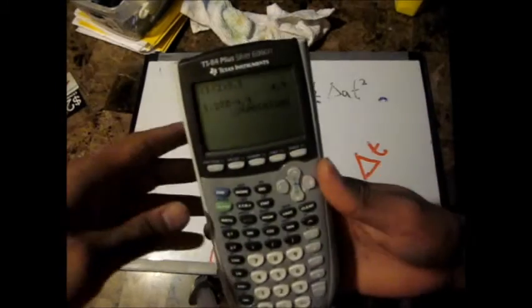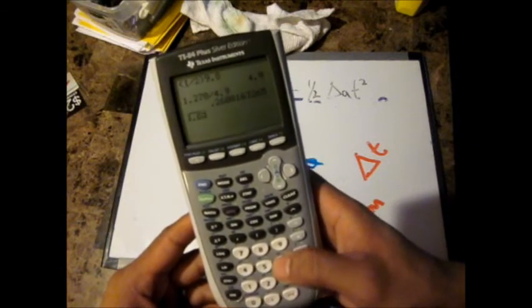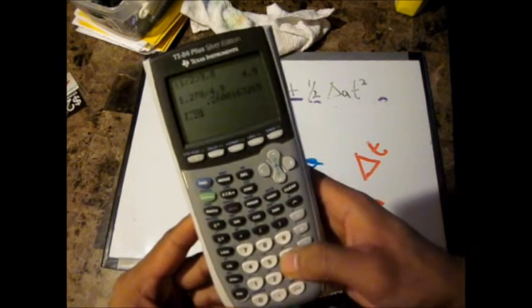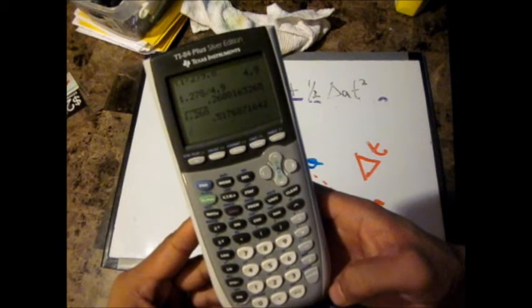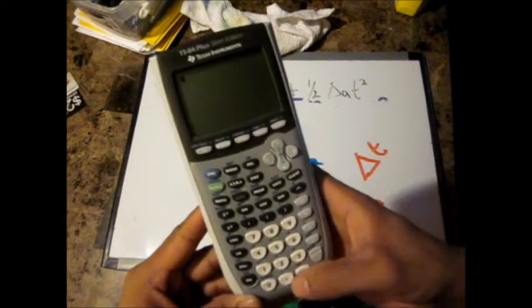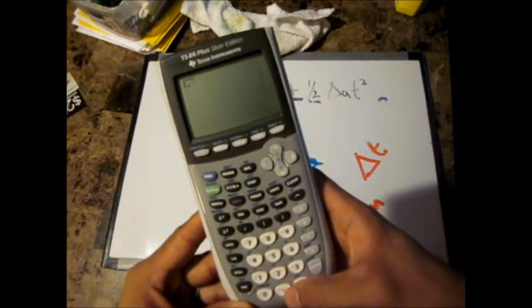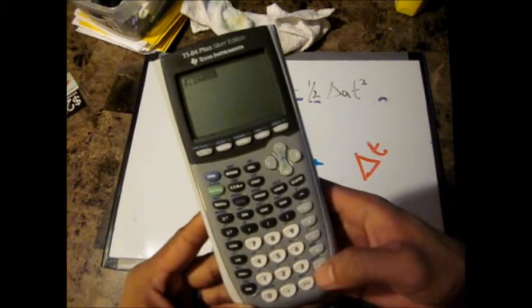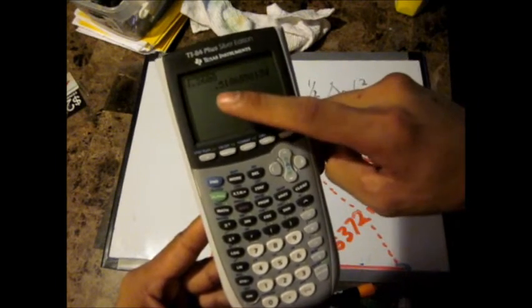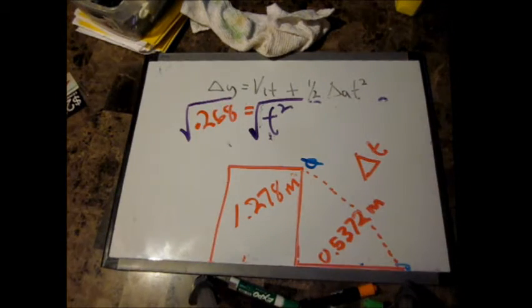And then if we do that in our calculator, second square root, 0.268, we get, no, that's the wrong one. Hold on. Second square root, apologies, 0.2608. There we go. We got 0.51 seconds.